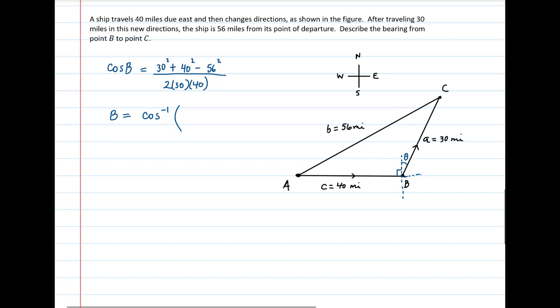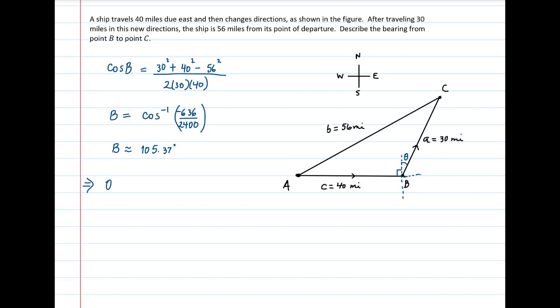And of course, to solve for B, I need to use my inverse cosine of that whole expression. Now, I didn't have to simplify it; you can just put that whole thing in the calculator. But simplifying the expression, we get that B is equal to the cosine inverse of negative 636 divided by 2400.